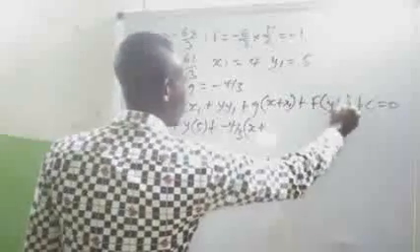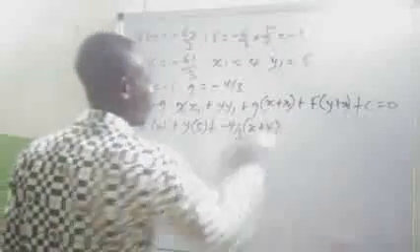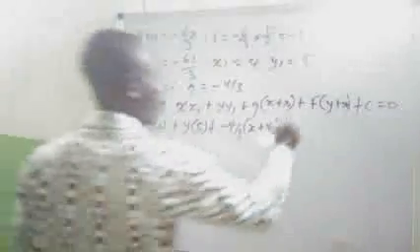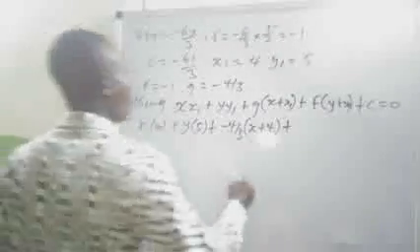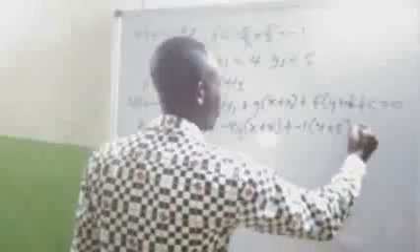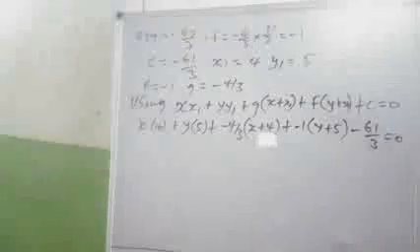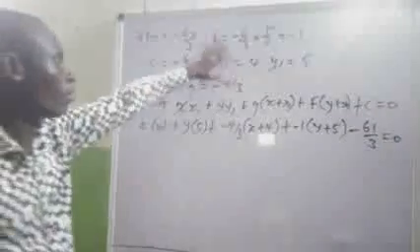What is our x1 there? x1 is 4. Here is plus f, yes, f is minus 1 into bracket y plus y1, y1 is 5, plus 5 minus 61 over 3 equals to 0. So what we did is to just substitute everything into the formula.